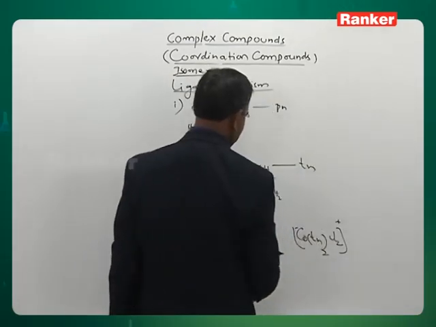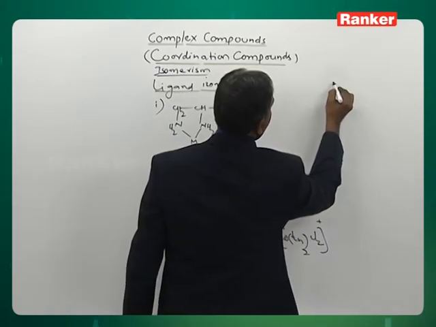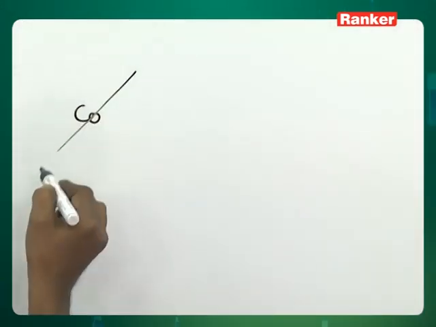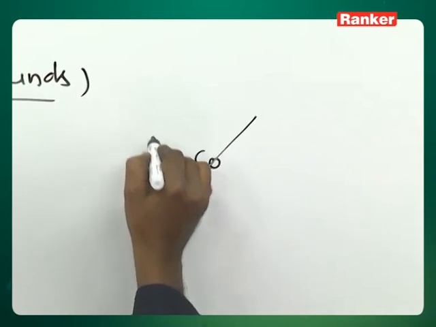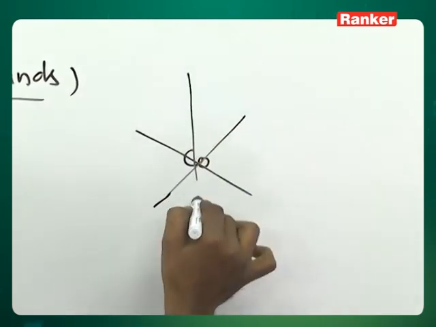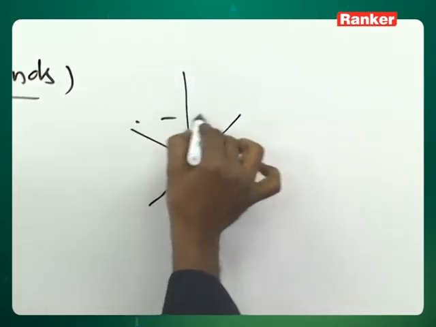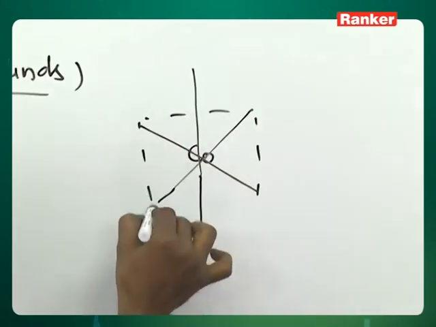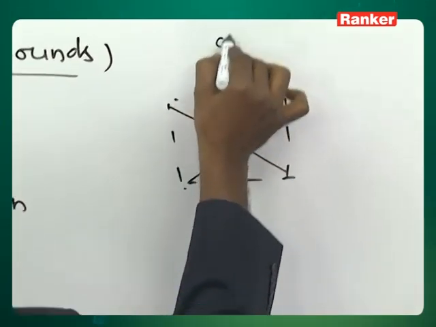Now I am writing the first complex structure, Co, with Cl and Cl.